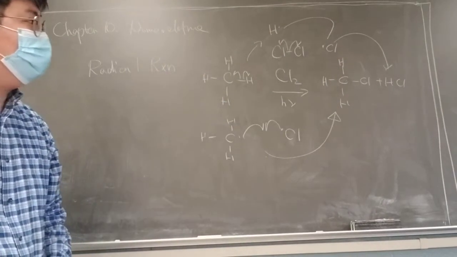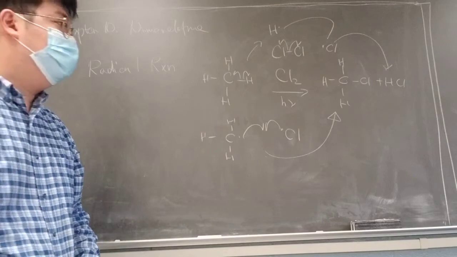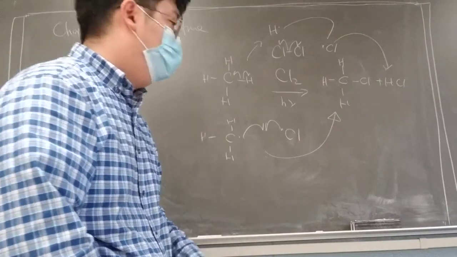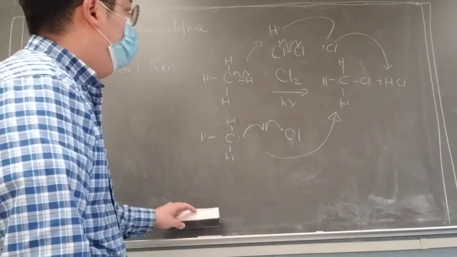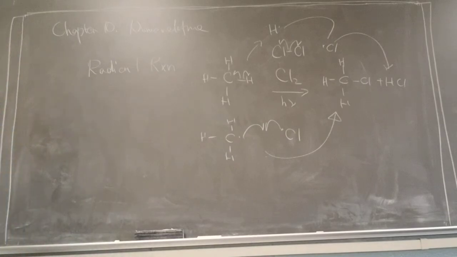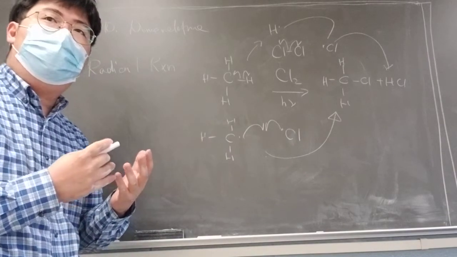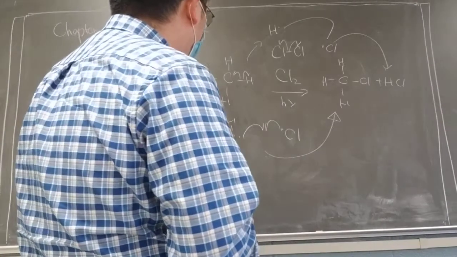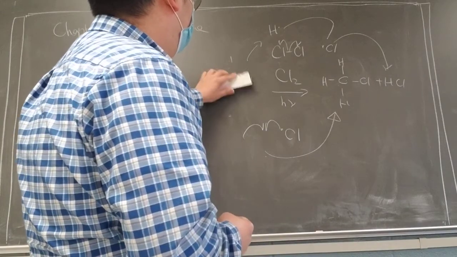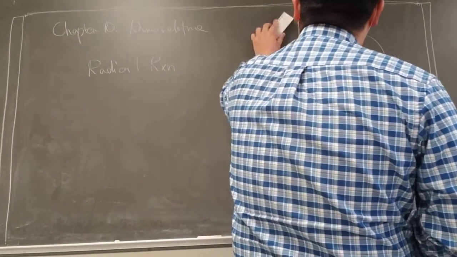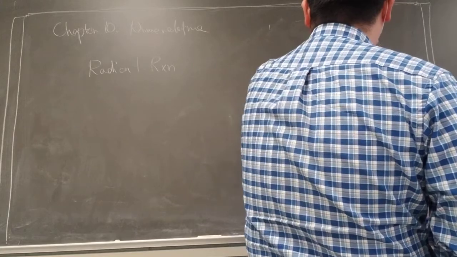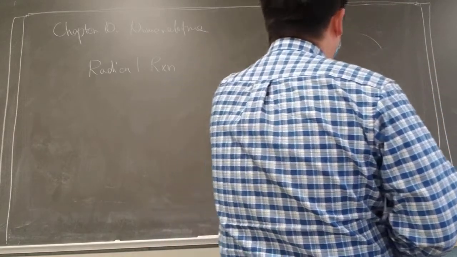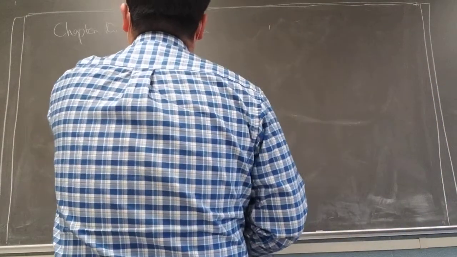This is what's happening in this type of radical reaction. Then scientists wanted to do more radical reactions with different types of alkenes. This is just a quick reminder as one example of a radical reaction.